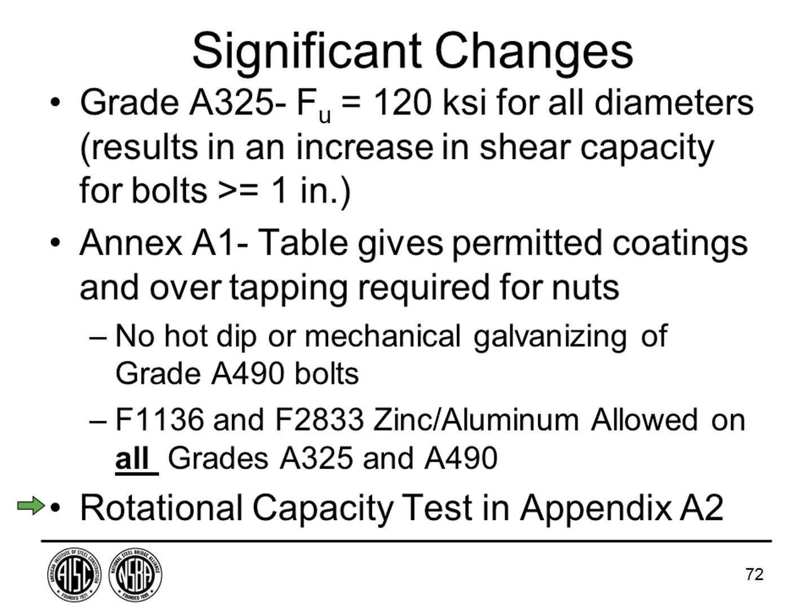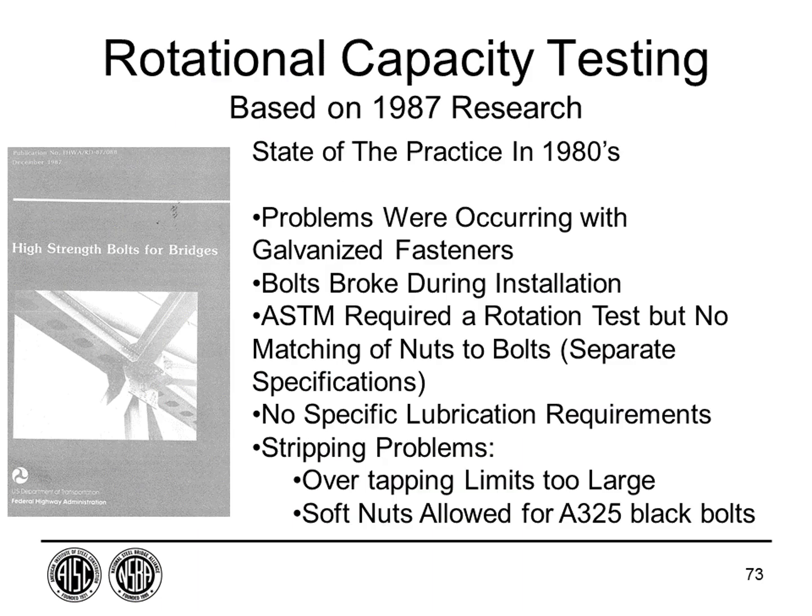And the special requirement that's required for bridge bolts is this rotational capacity test. And this has been hidden in the AASHTO specs and also in the FHWA specs. Now it's put together all in Appendix 2 of this new specification. And this comes based on some research that was done a long time ago looking at problems with galvanized fasteners.